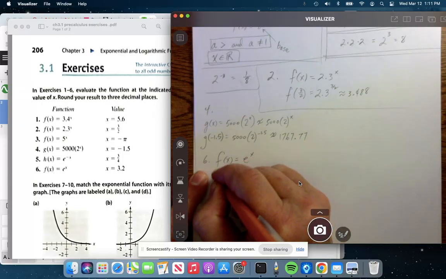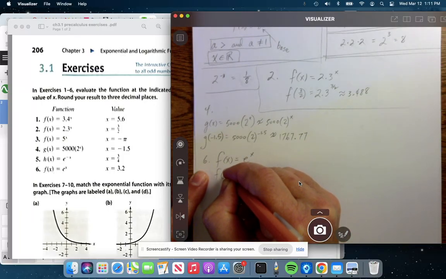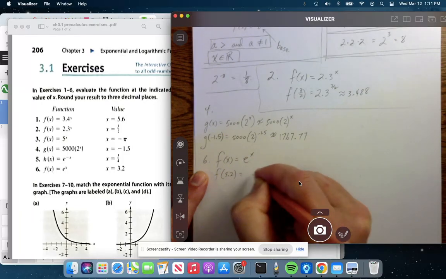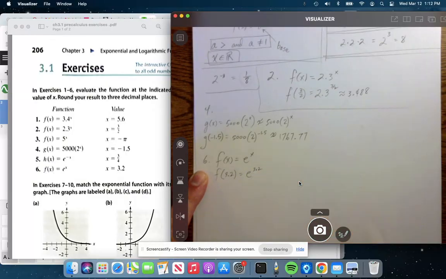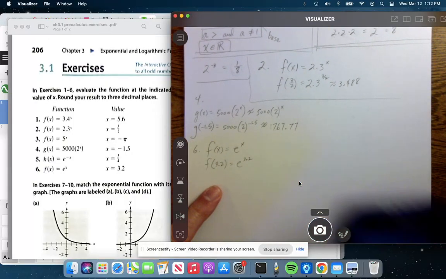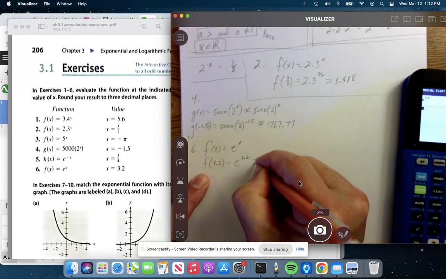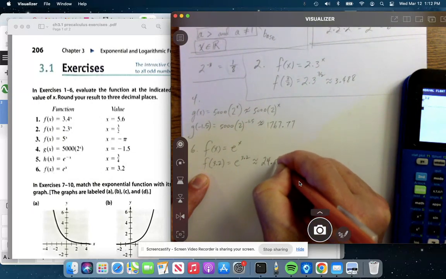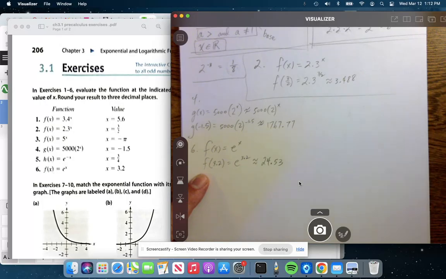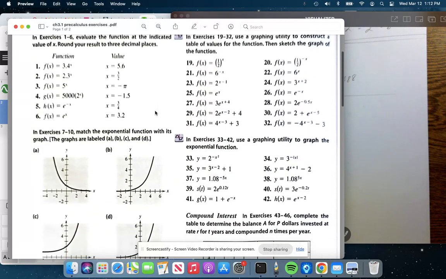So we want f of 3.2. Okay, so once again, get our calculators out. Second divide gives me E. Raise that to the 3.2 power, and I get about 24.53.